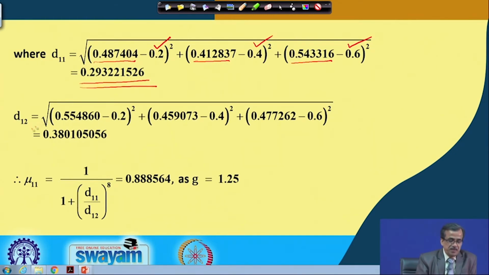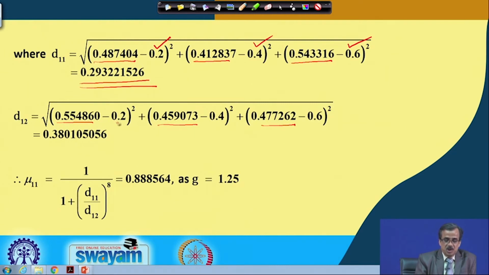And following the same procedure, I can also find out d12, which is the square root involving the first data point and the second cluster center. So this is the dimension of the second cluster center.